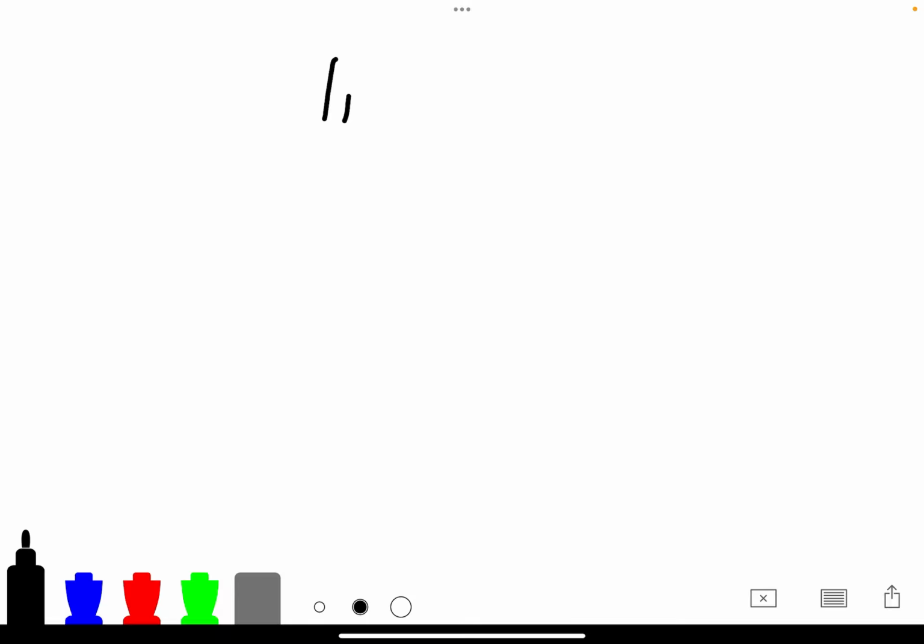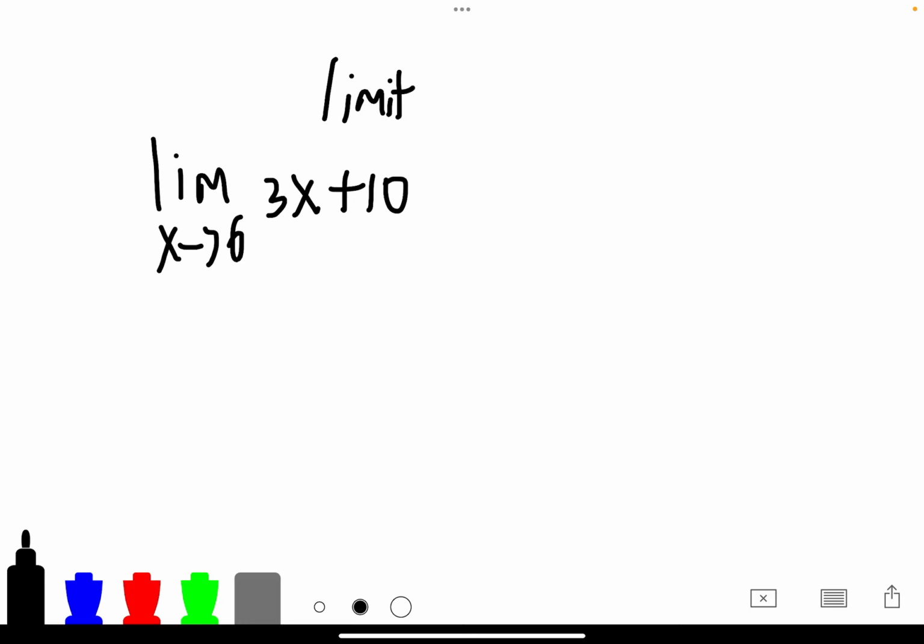The limit is the idea that you are approaching a value, you're getting super duper close to a certain function at a point given. So the limit notation as x approaches 6, and you're given a function, say 3x plus 10.